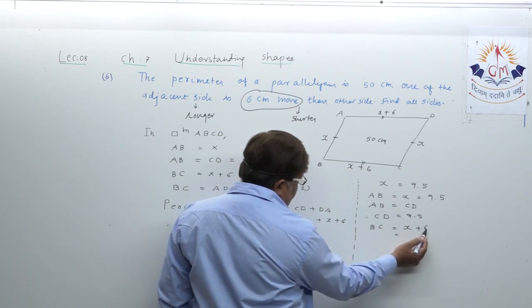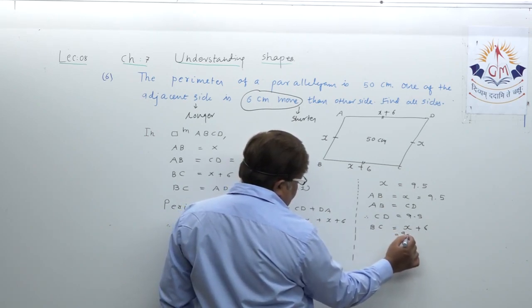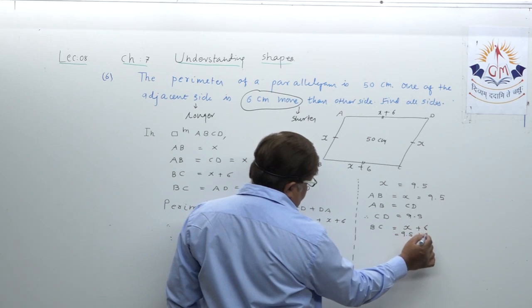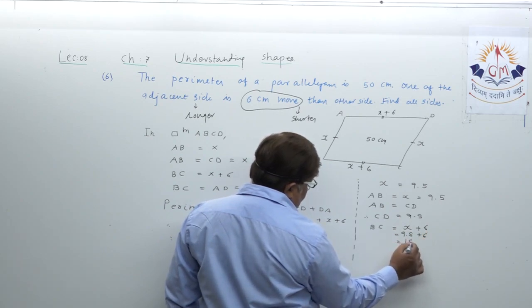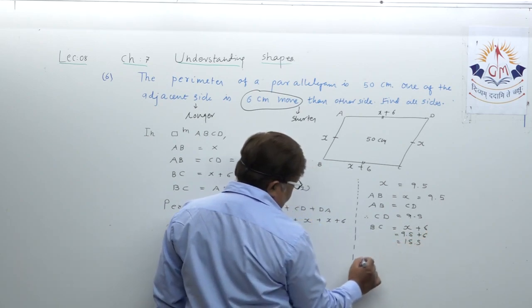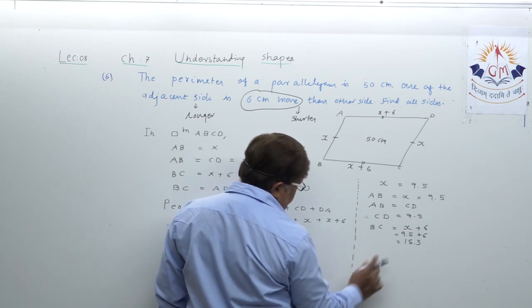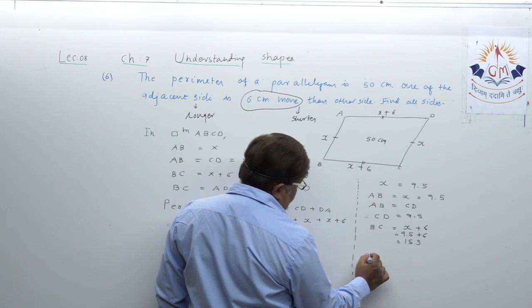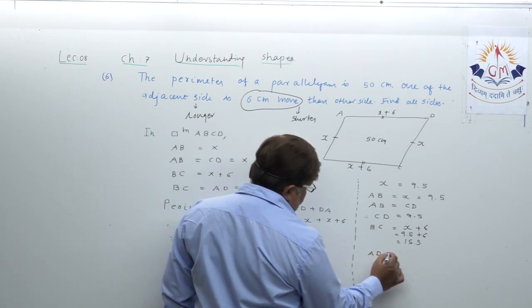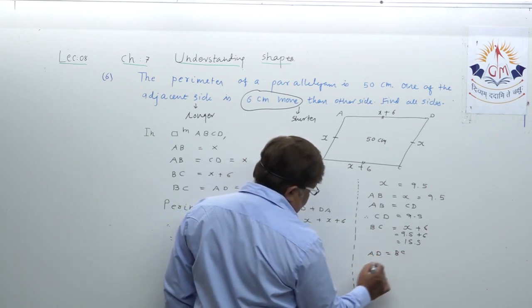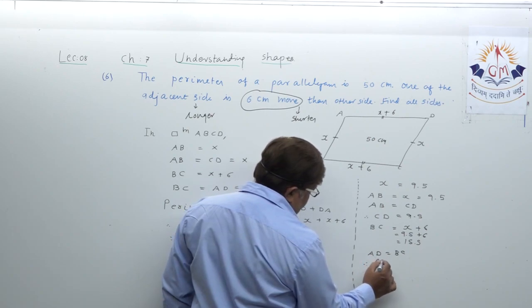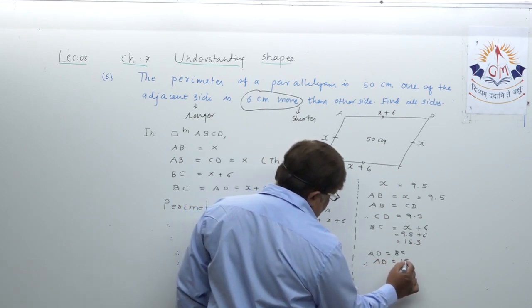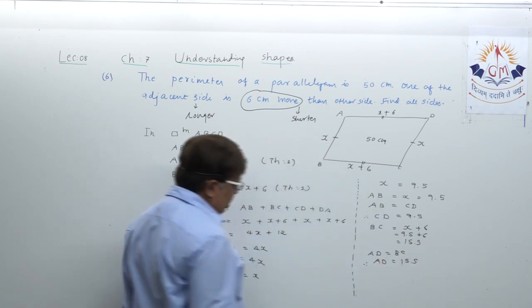What is x we got? 9.5 plus 6, 15.5. But as you know, opposite sides are equal, so AD equal to BC, therefore AD equal to 15.5.